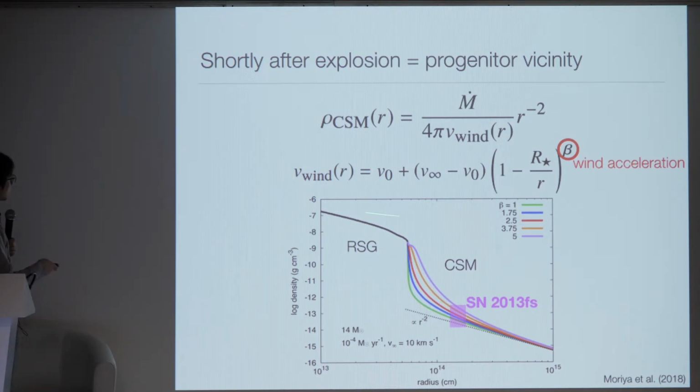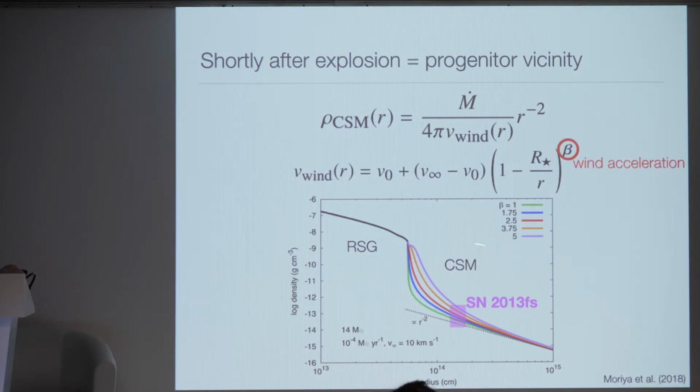And this way of describing how the wind is accelerated is kind of a simplified way. There's a parameter beta, and that basically describes how fast the wind will be accelerated. If beta is 1, which is this green line, the wind will be accelerated to the final velocity very quickly.